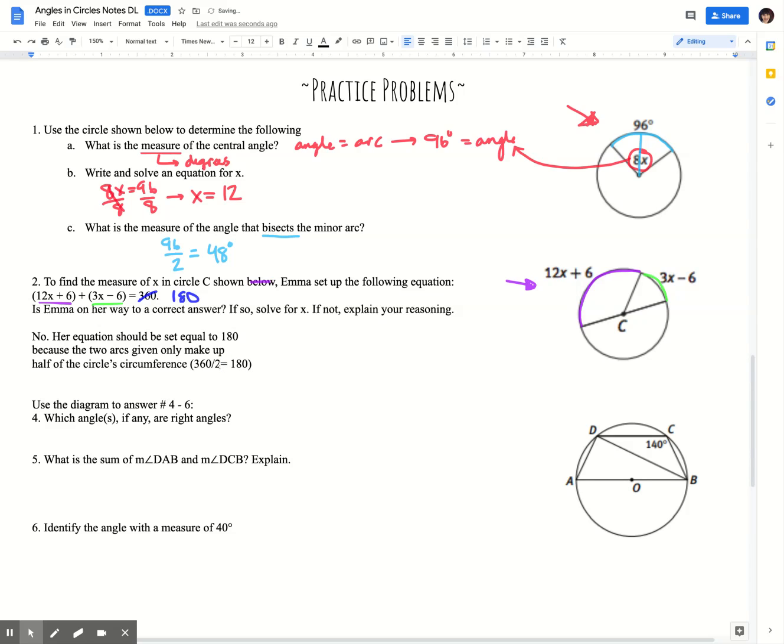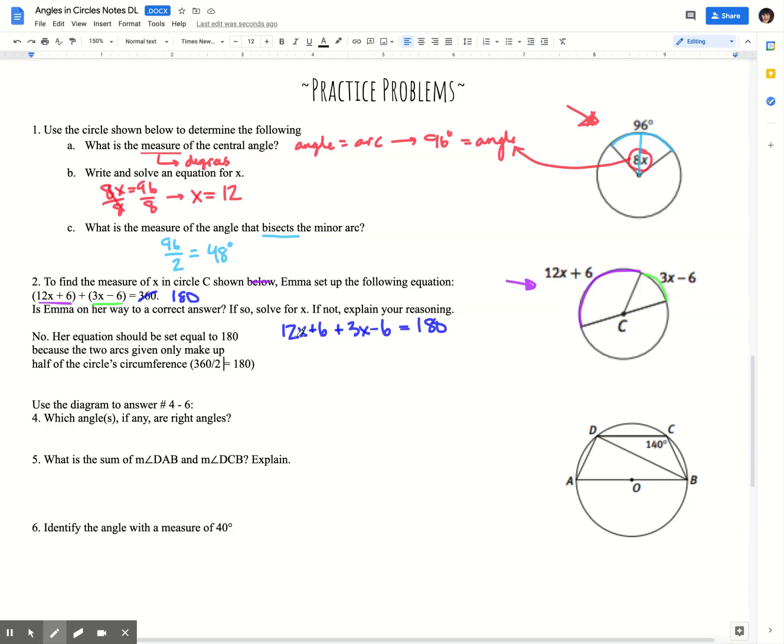Now, this question did not ask you to solve for x, but I'm going to go ahead and do it just to give you all some practice. If you want to do it with me, you can. The left side of the equation is going to stay the same, 12x plus 6 plus 3x minus 6, but the right side is now going to be equal to 180.